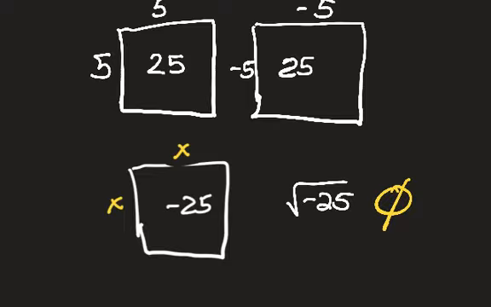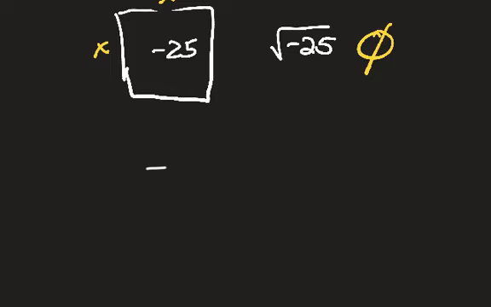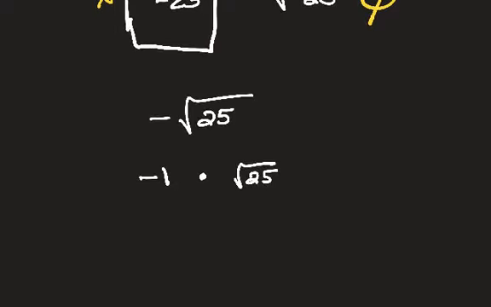But what if the negative is outside the square root? Well, there we're good because this is really -1 times the square root of 25. That's what that really says, is there's a -1 groups of the square root of 25, and we know that the square root of 25, again, principal root, is 5.